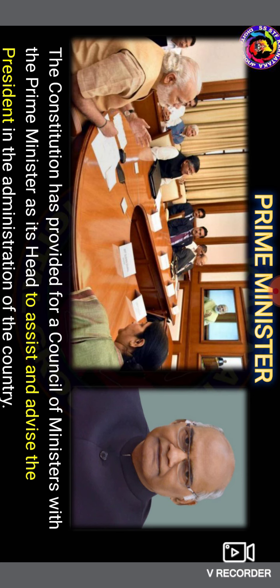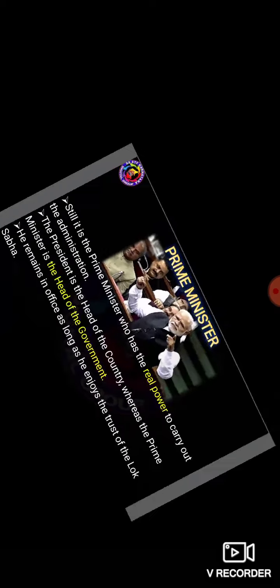The Constitution has provided for a Council of Ministers with the Prime Minister. The Prime Minister is the head, who assists and advises the President in the administration of the country. Still, it is the Prime Minister who has the real power to carry out the administration.